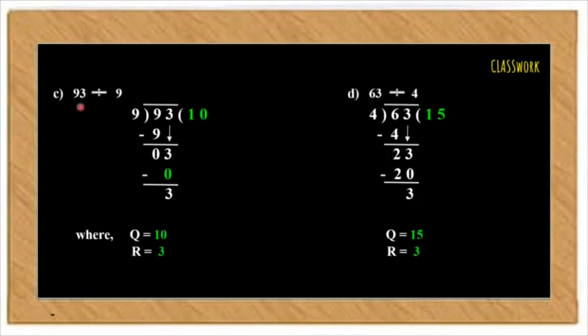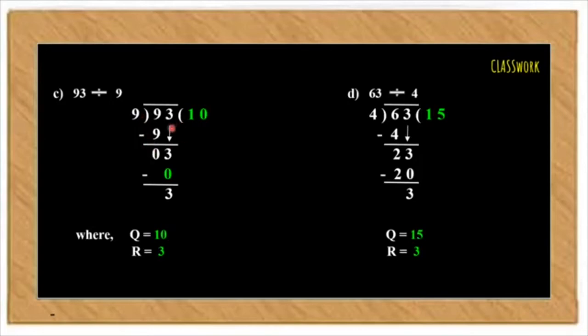In the C part, we have 93 divided by 9. After writing the dividend and the divisor appropriately, we start dividing by considering the first digit of the dividend, which is 9. 9 multiplied by 1 gives us 9, which when subtracted gives 0 as the answer.